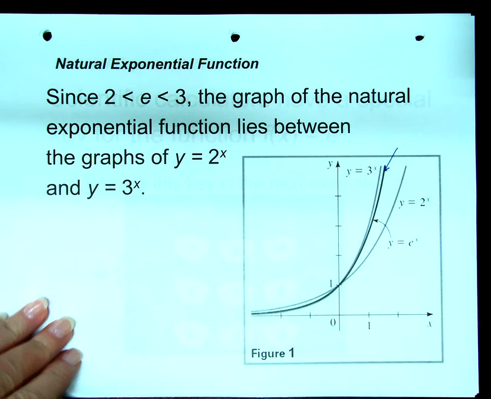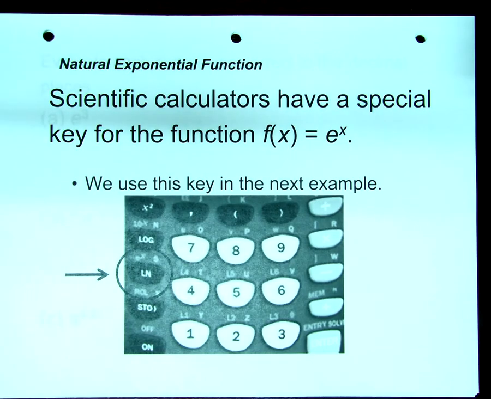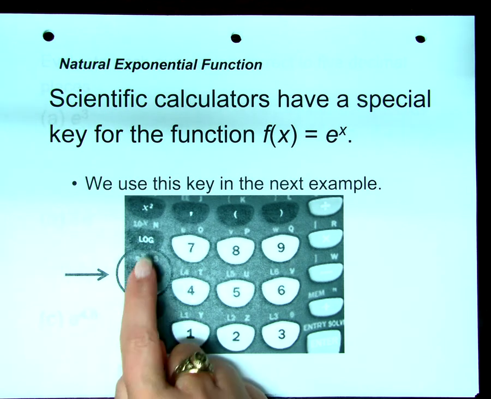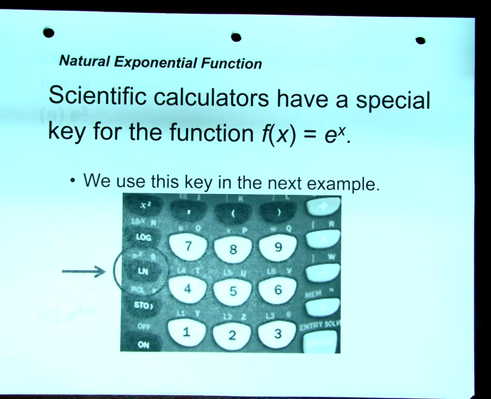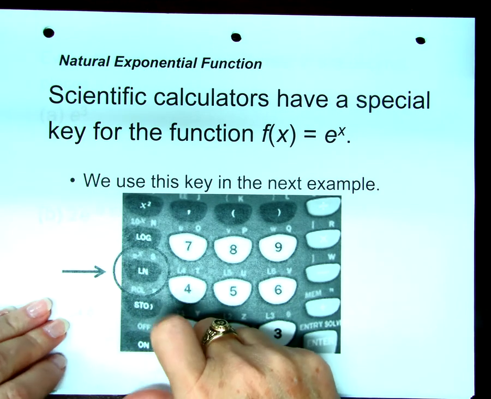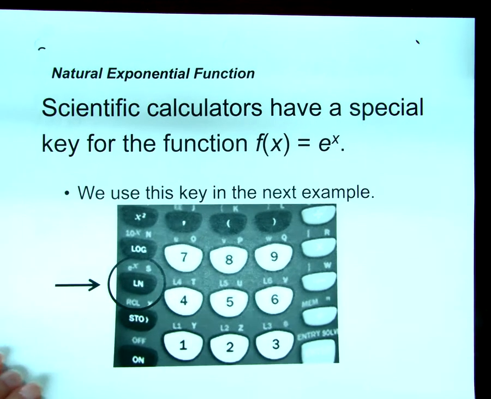Now I showed you on my calculator. Here's an example on an 84, to see how the e is right there, right above the natural log key, or ln. You may not know what ln means quite yet, but that's our natural log key. We will use this e key in our next example.